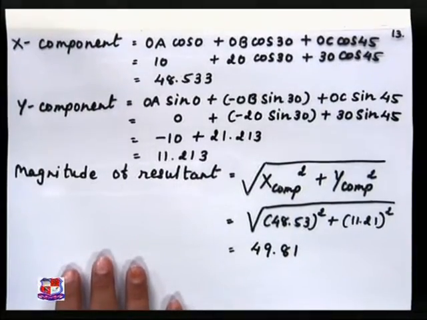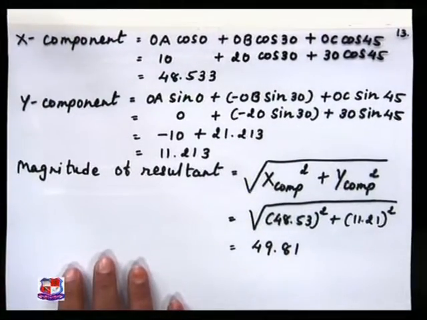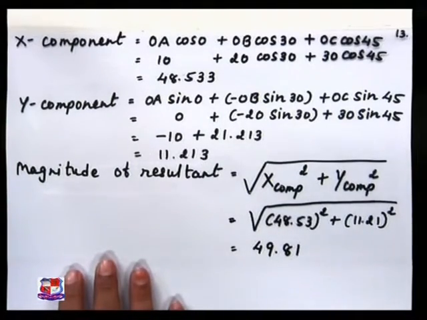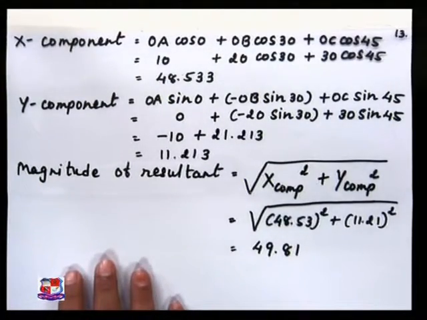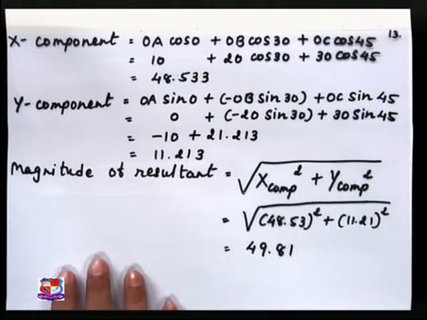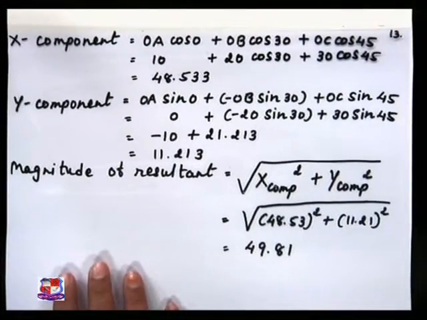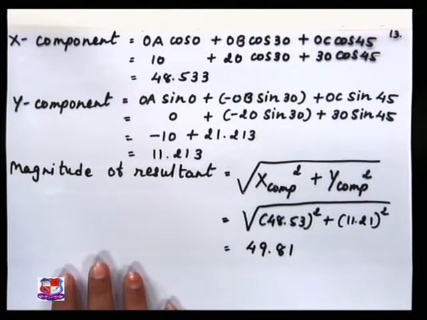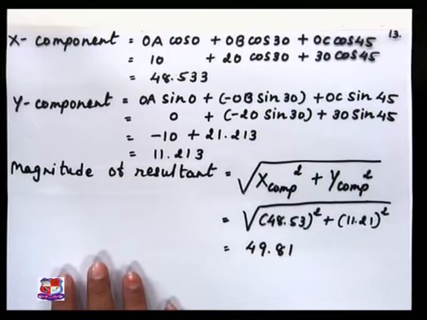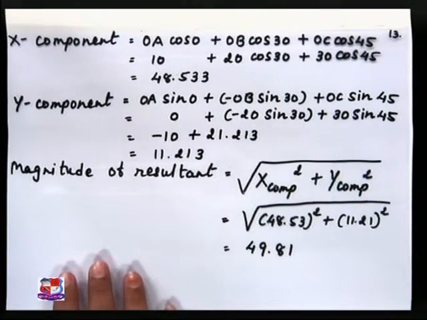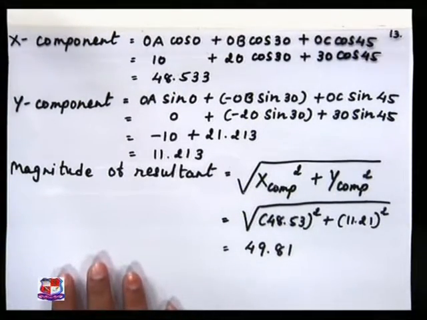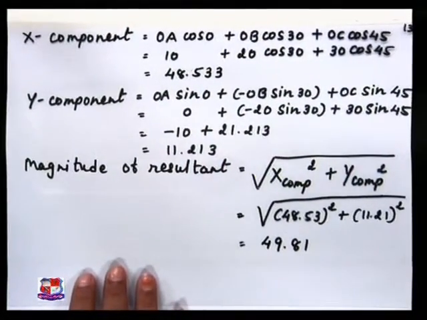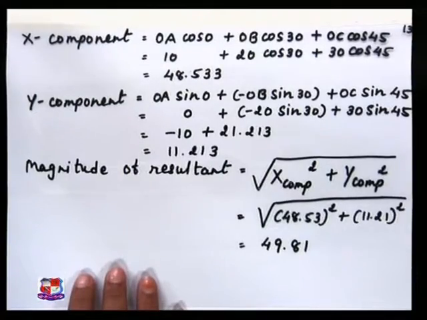Now sin 0 is equal to 0, so the y component for the first current I1 is 0. For the second current it is minus 20 sin 30 plus 30 sin 45, so it is equal to minus 10 plus 21.21. So your final answer for the y component is 11.213. The x component and y component for the given quantities are now known.